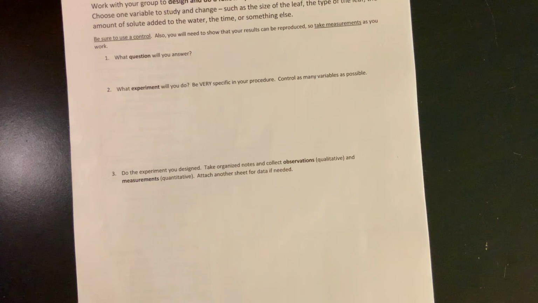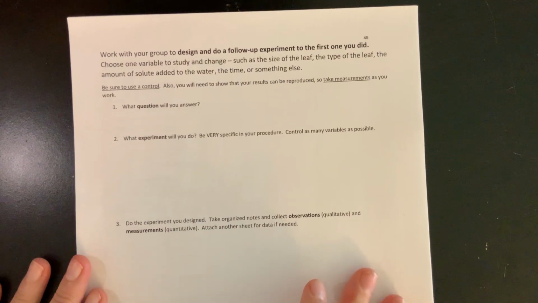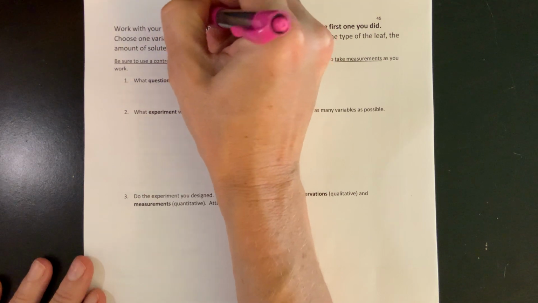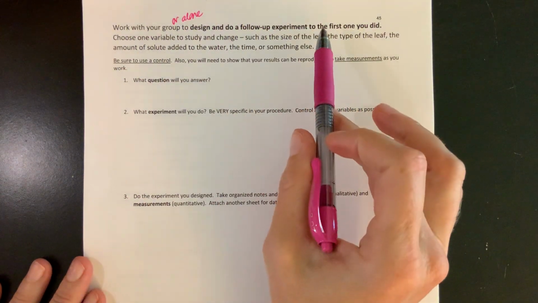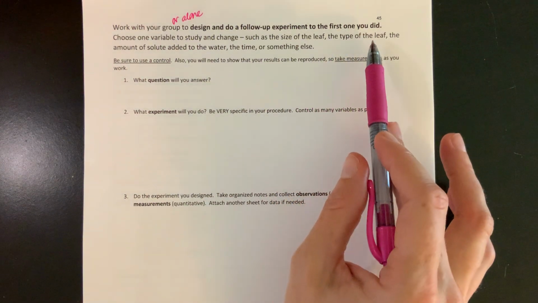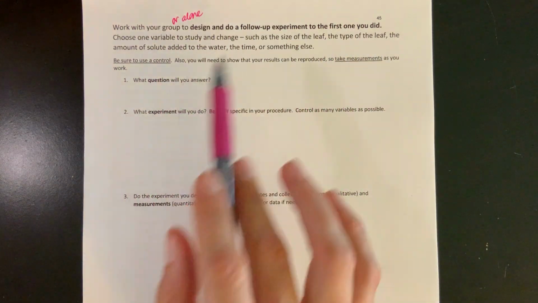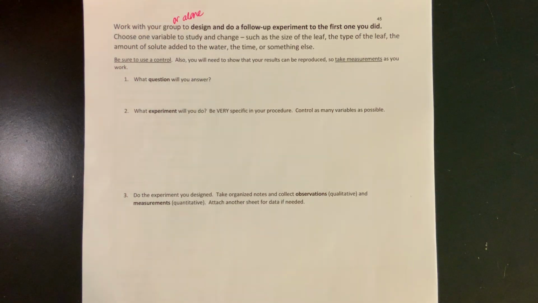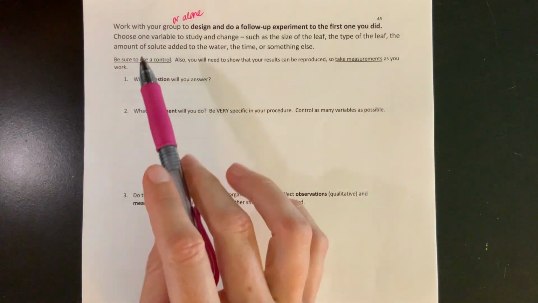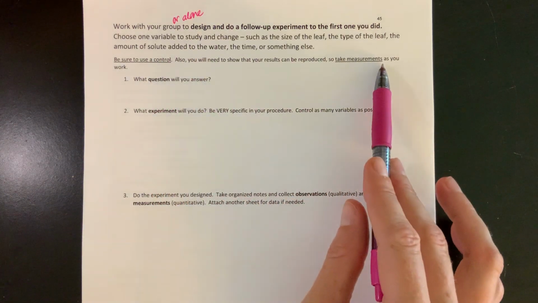And then you are going to work with your group, if you've got a lab partner, or alone, to design and do a follow-up experiment. So you're going to choose something to change, okay? Maybe the size of the leaf, the type of the leaf, how much solute you add, the time, or something else, but just choose one thing. And like you saw in the first experiment in the video, have a control, take measurements.